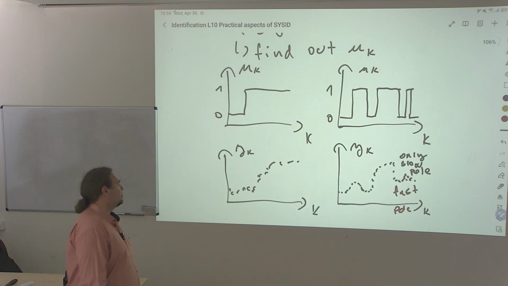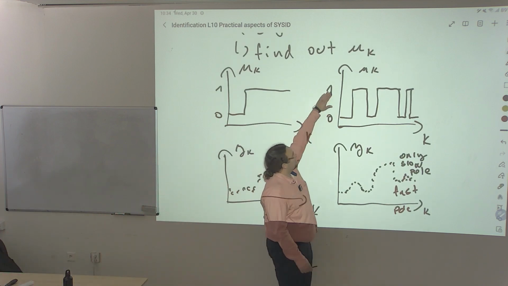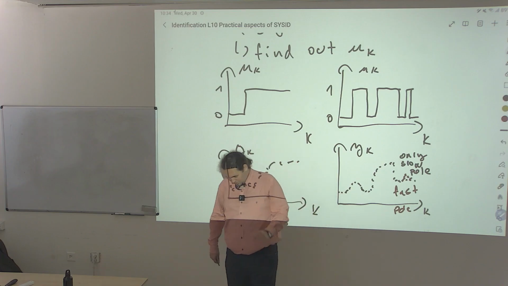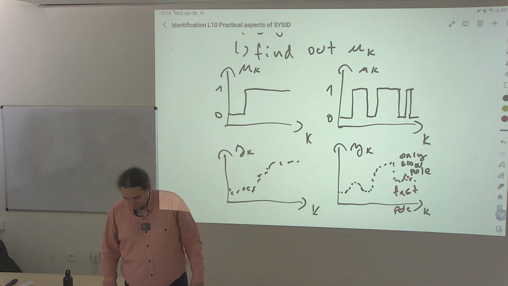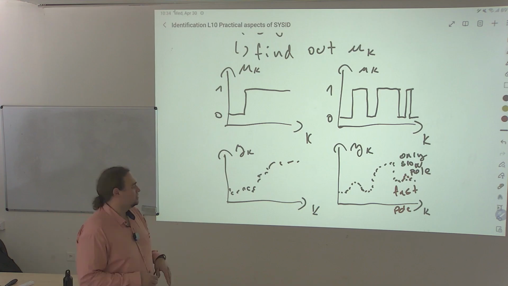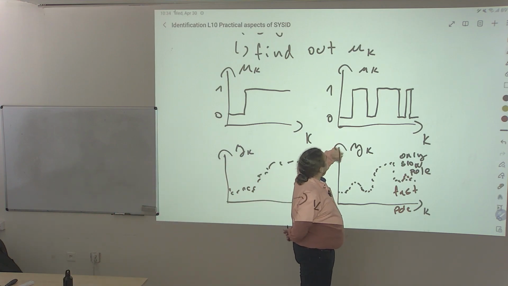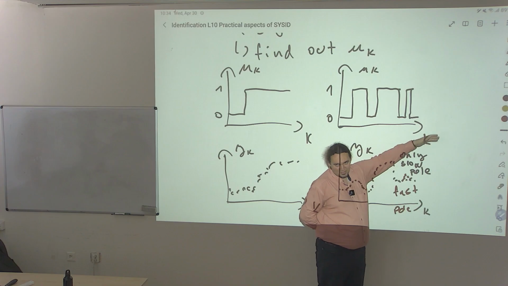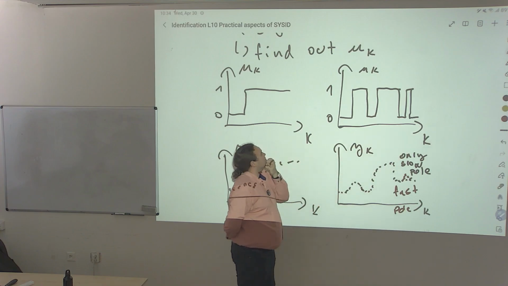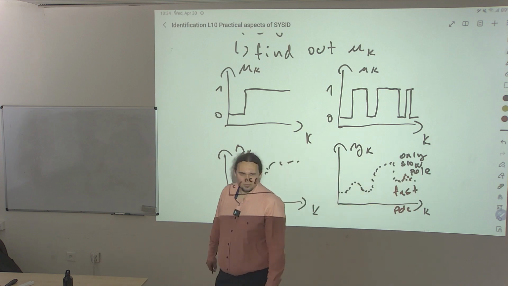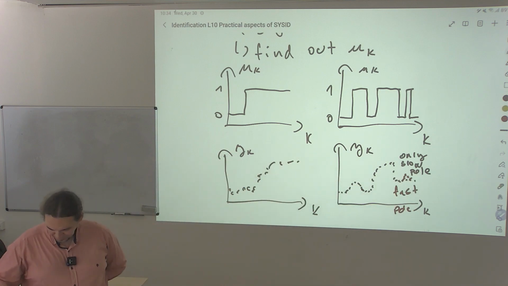Why is it binary? It jumps between 1 and 0. Of course, it can be manipulated to jump from 0 to 10 or whatever. It's usually designed, or if you generate some random numbers between 0 and 1, you will get this shape of the input.